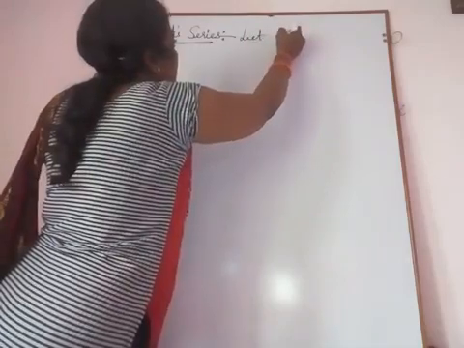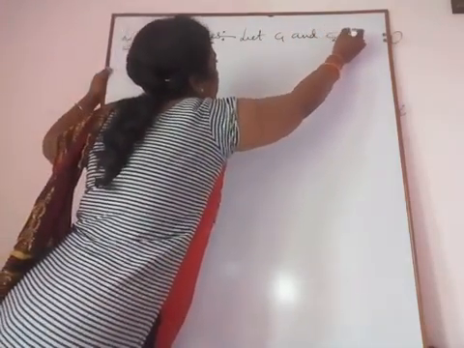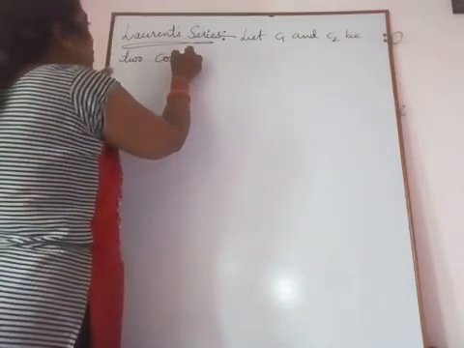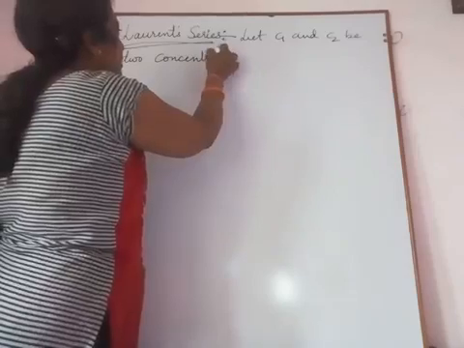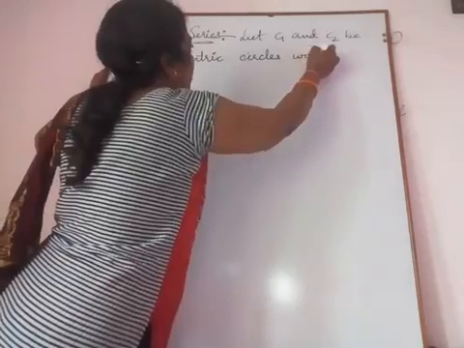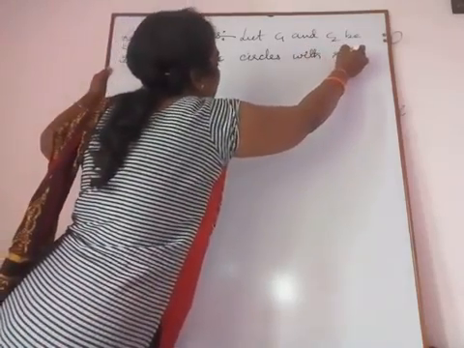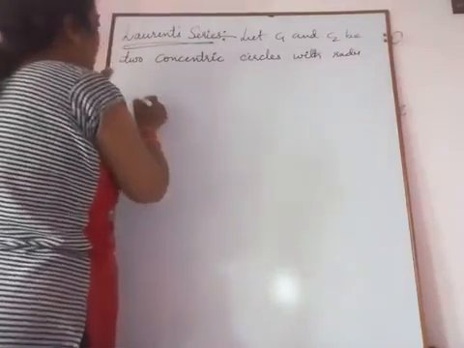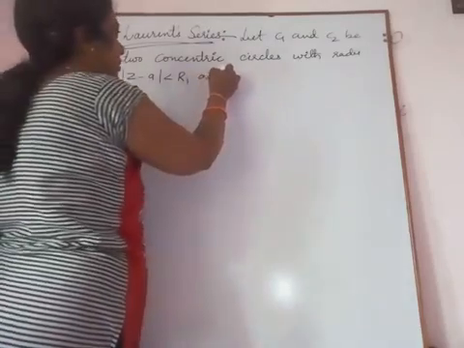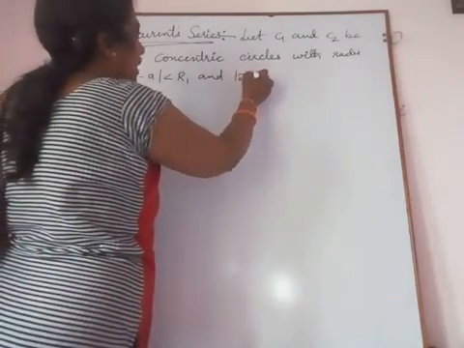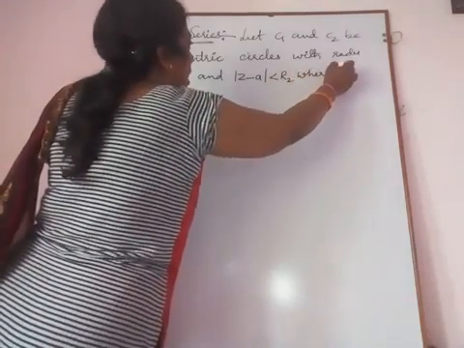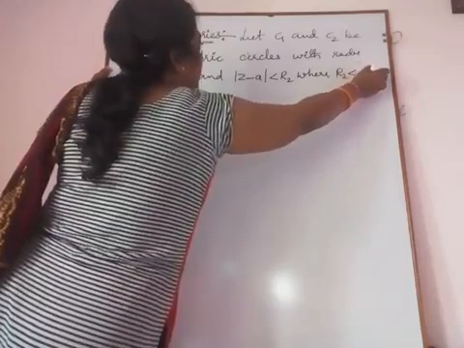Let C1 and C2 be two concentric circles with radii modulus of z minus a equal to r1 and modulus of z minus a equal to r2, where r2 is less than r1.